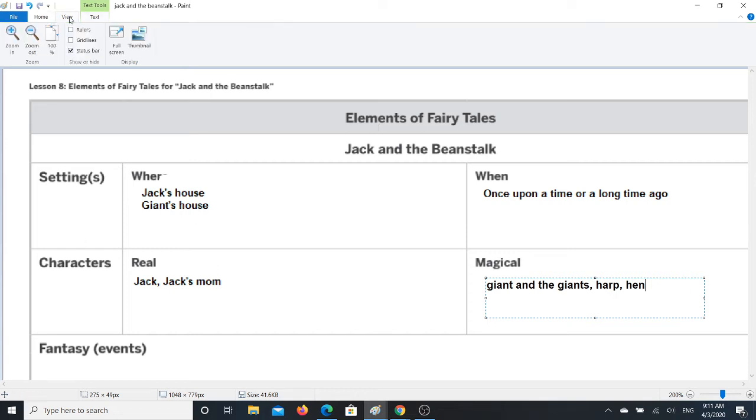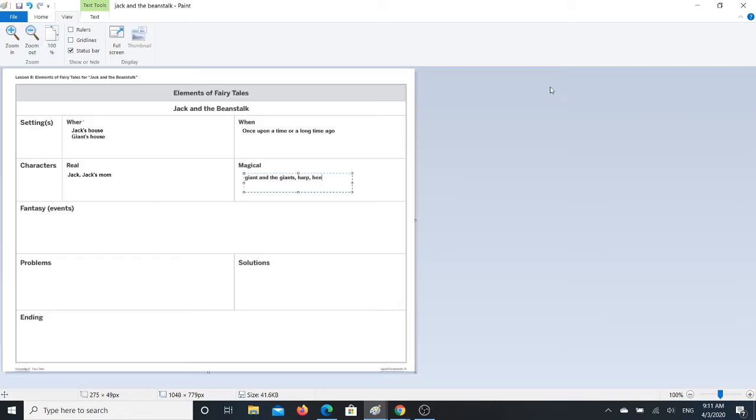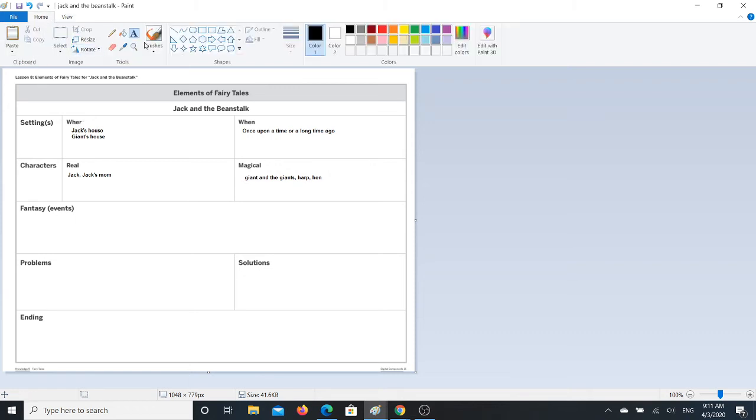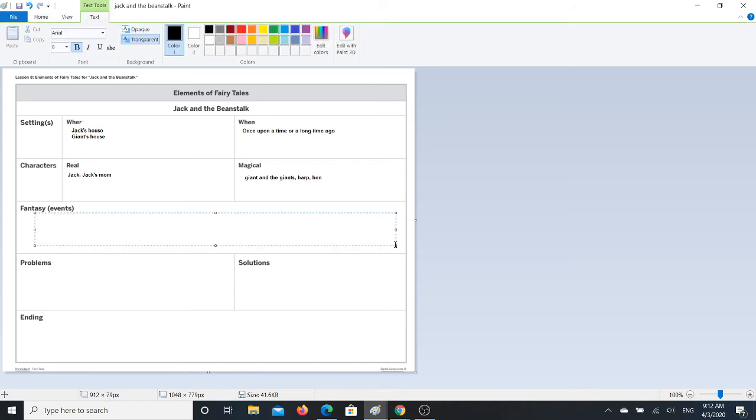I'm going to have to shrink this back down. Fantasy or magical events that happen in this story. What are some things that happen in the story that can't really happen? Well, are you going to go to the store and get magical beans?